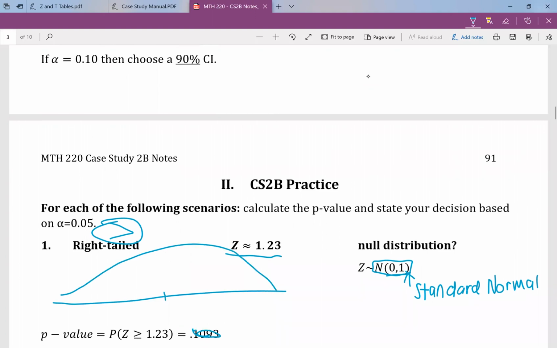I draw my normal curve, centered and symmetric at 0. I'm up here at 1.23, and I want to shade the area above 1.23. Now that we have our picture drawn, it's time to go to our Z-chart, and I'll remind you how we use it.